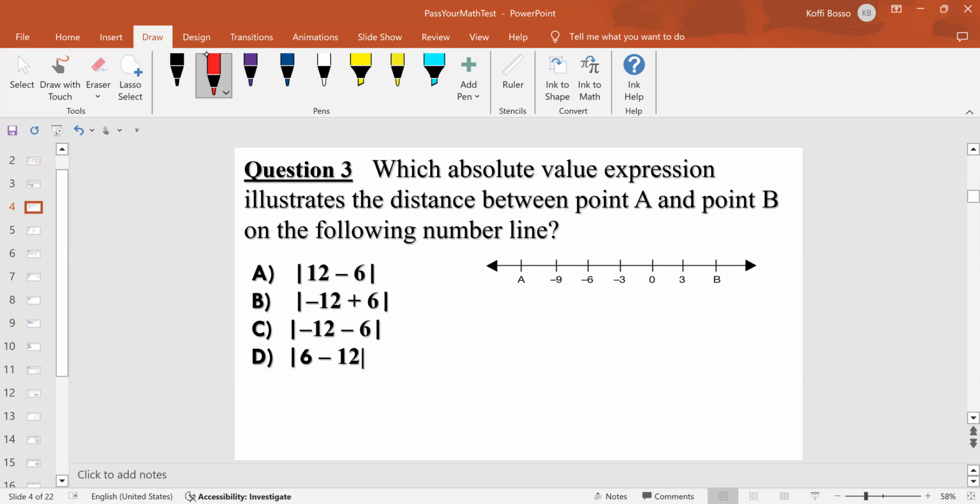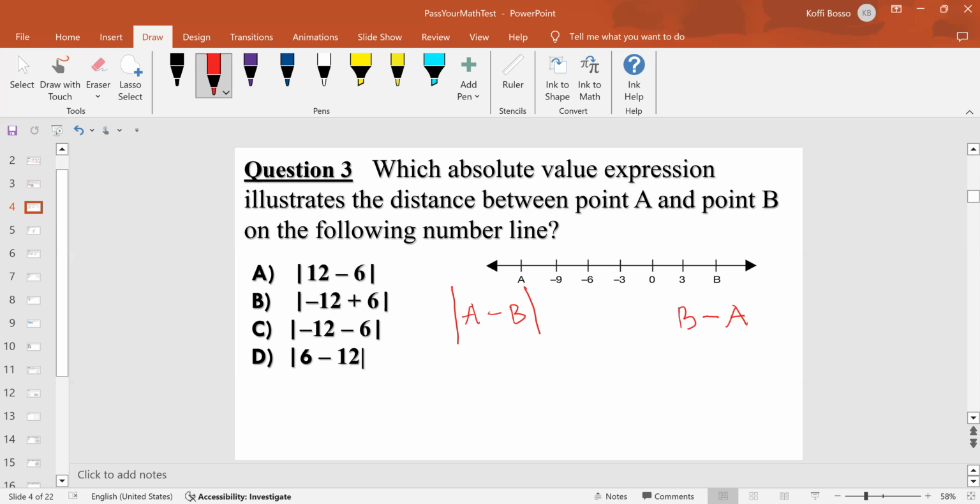There is a formula to find the distance between 2 points, A to B: the absolute value of A minus B. The reason they use absolute value is that distance cannot be negative, so the absolute value changes the value to positive in case it's negative. Another formula we can use is B minus A, the B value minus the A value.